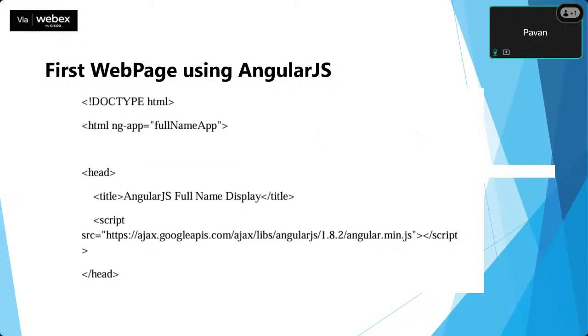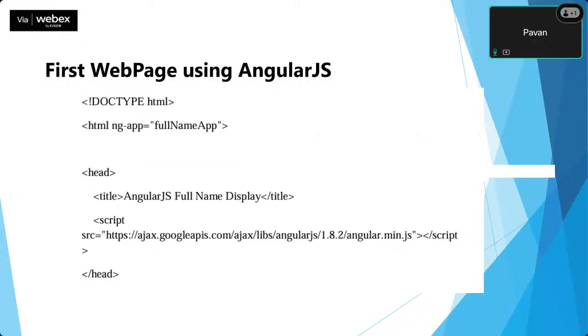This is the basic structure of HTML that we need to know before we move on to AngularJS. So DOCTYPE html basically means the version that we are using, that is HTML5.